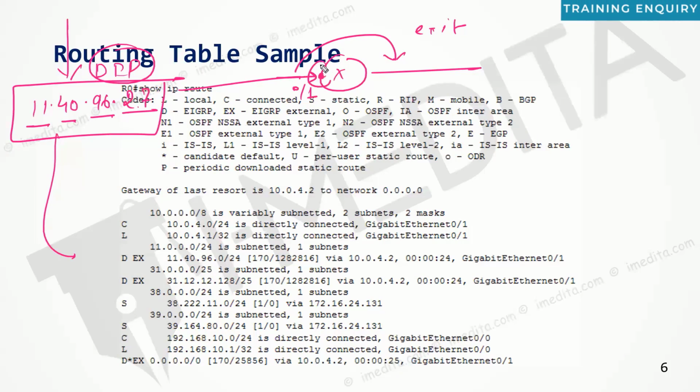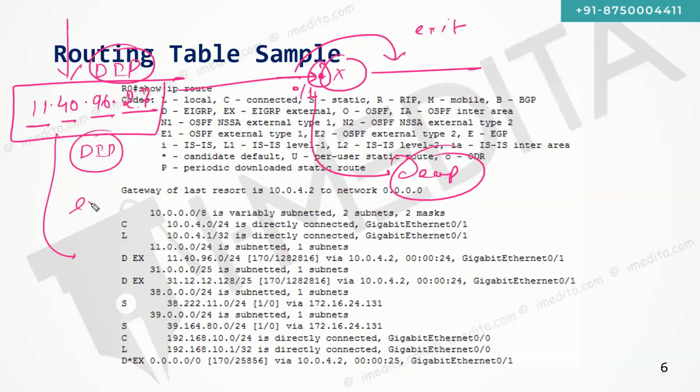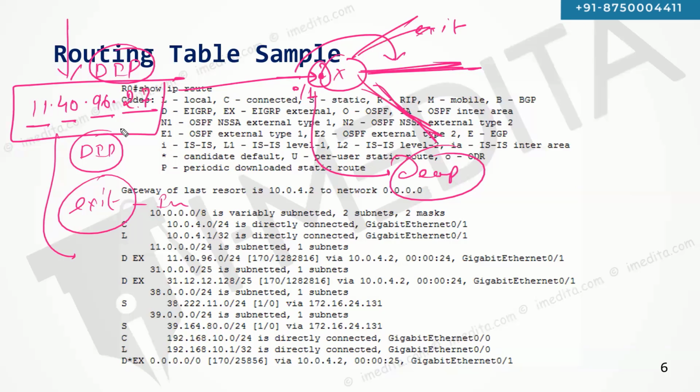Once the packet is received onto this interface and decapsulated, the router is going to take a look at the destination IP, and then find out, if I need to go to that destination, what is my exit interface? Out of these multiple interfaces, on which interface should I place the packet so that the packet can reach the destination?